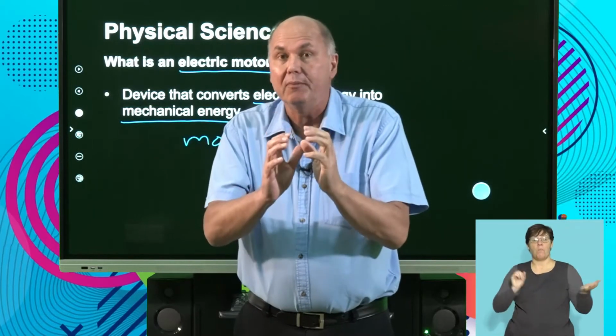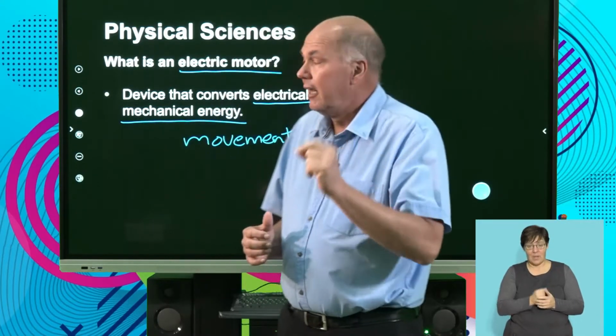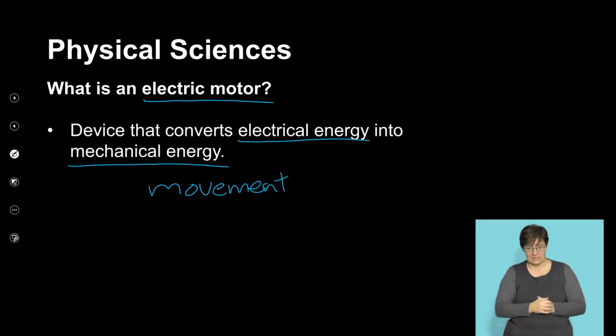Let's see what the effect is going to be. Well, it shouldn't surprise you that when we have a current-carrying conductor, around that conductor there's a magnetic field. And if we put a local magnetic field into a stronger magnetic field or a permanent magnetic field, there's going to be some sort of force or interaction. Well, let's see exactly how we're going to describe that and make some predictions.